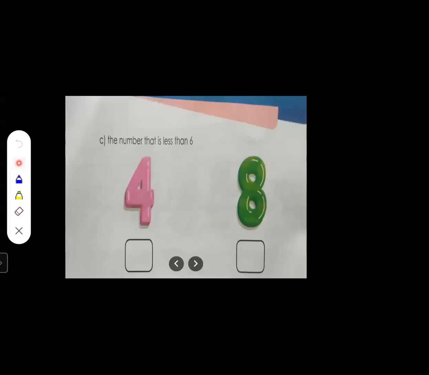Now the next one. Here what we have to do, the number that is less than 6. We have to tick for the number that is less than 6. Now see over here, two numbers are given, 4 and 8, right?